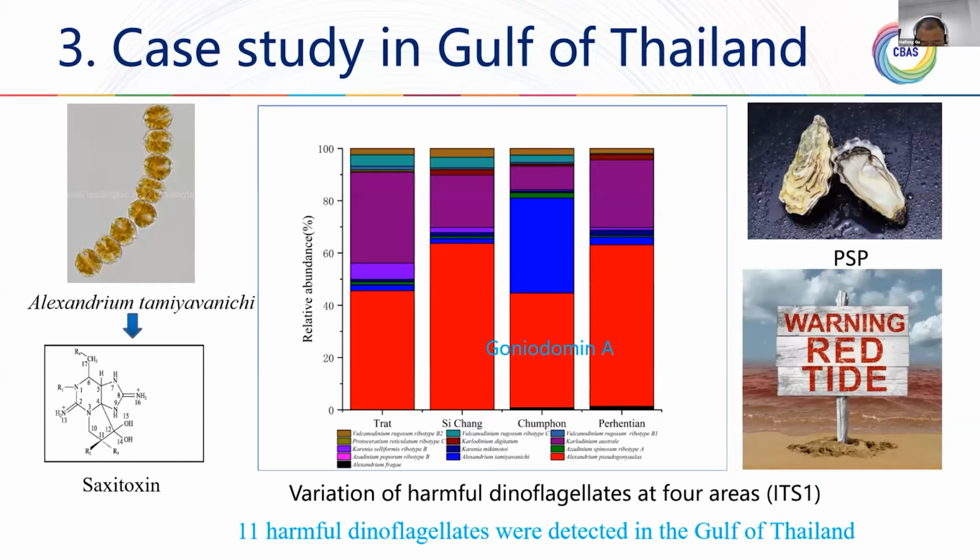Eleven harmful dinoflagellate species were recovered with relatively high abundance based on the dataset derived from ITS1 sequence.